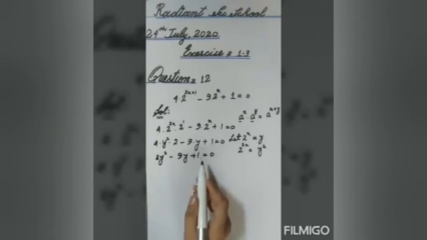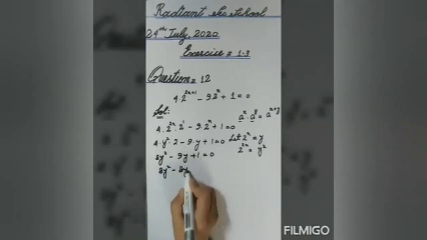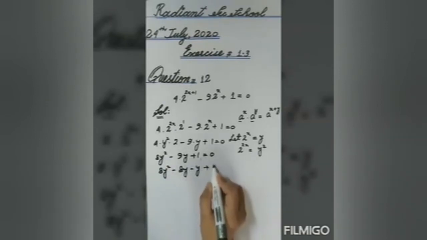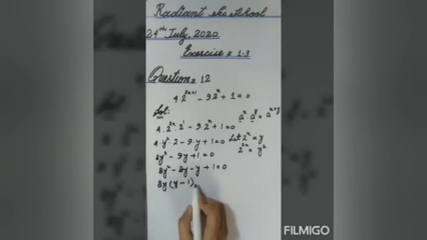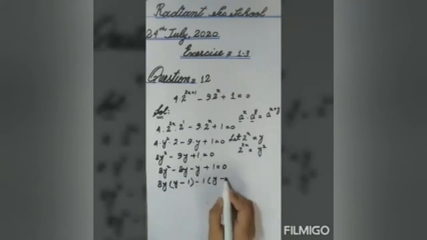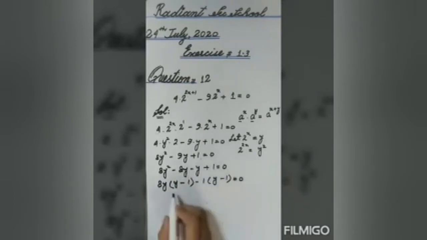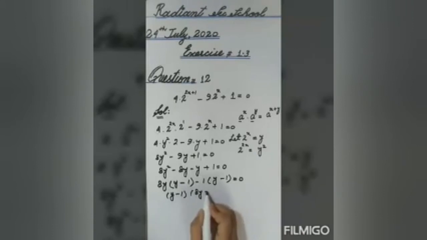But I will solve here by middle term breaking. 8y square minus 8y minus y plus 1 equals to 0. Now take 8y common. What will be left? Y minus 1 common. Y minus 1 equals to 0. Now y minus 1 is common. 8y minus 1 equals to 0.